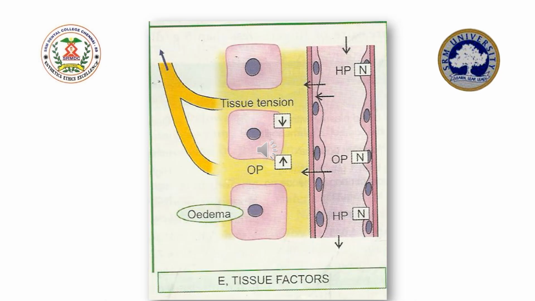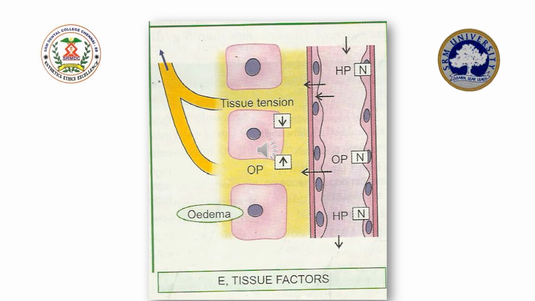The next mechanism is the tissue factors. Tissue factor is nothing but the tissue tension, that is the hydrostatic pressure of the interstitial space, and the oncotic pressure of the interstitial space. Both together we call the tissue factor.